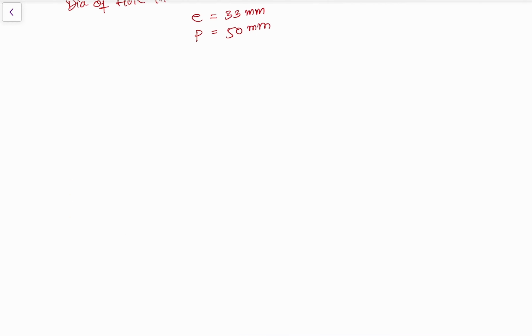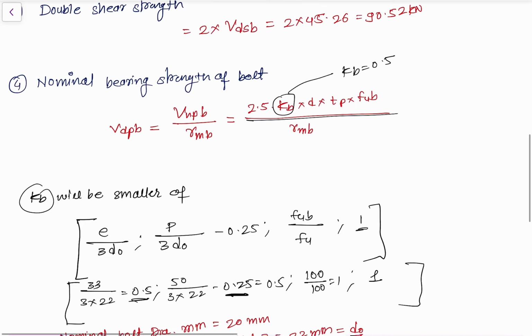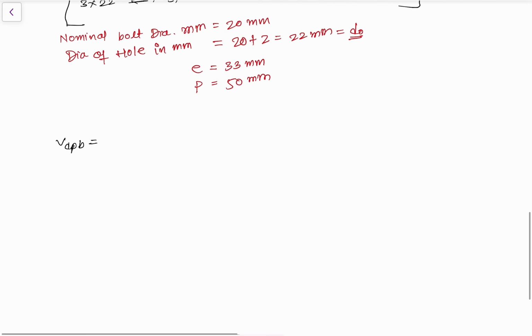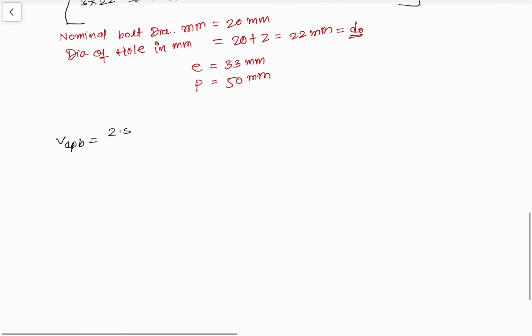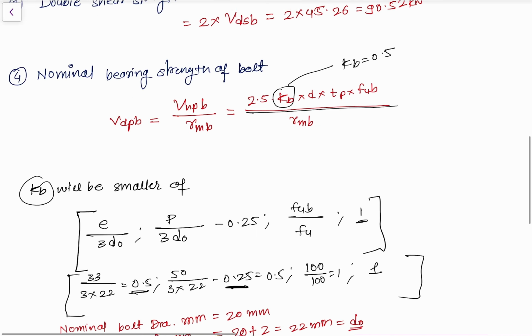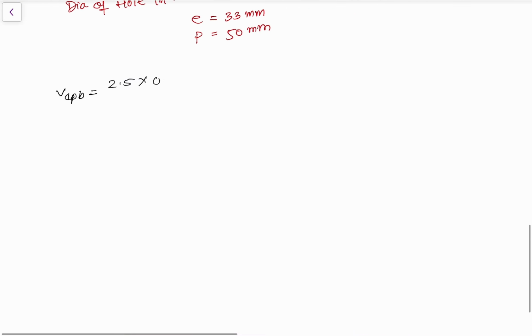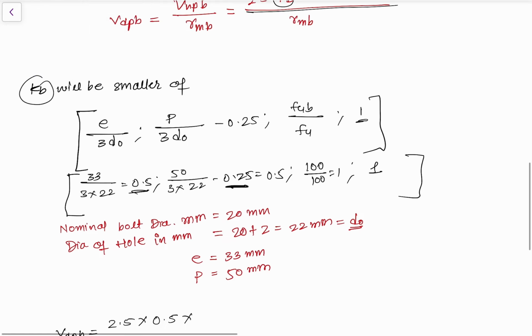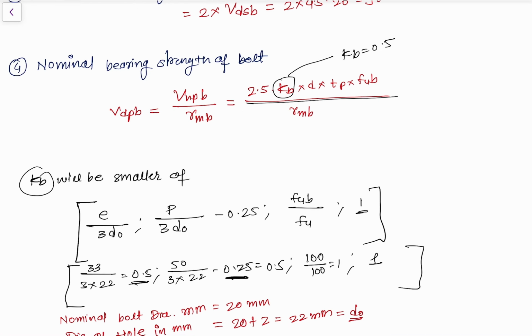Now let's put all the values in this equation, which is already available here. VDPB is equal to 2.5 into KB value, which we consider 0.5, multiplied by D into TP into FUB.